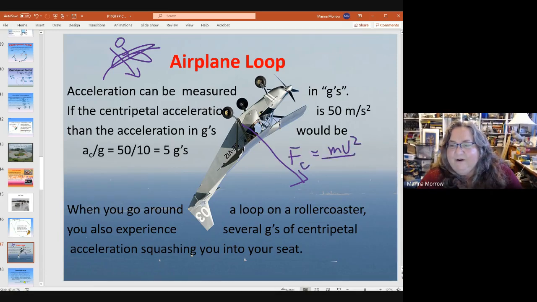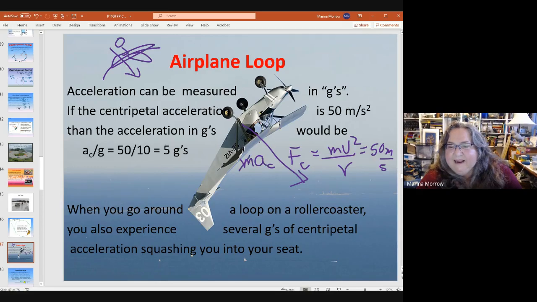mv squared over r. We've got the centripetal acceleration is 50 meters per second squared. And so we've already got that. How many G's of force would that be? And what is the centripetal acceleration? Well, the force is mass times acceleration.